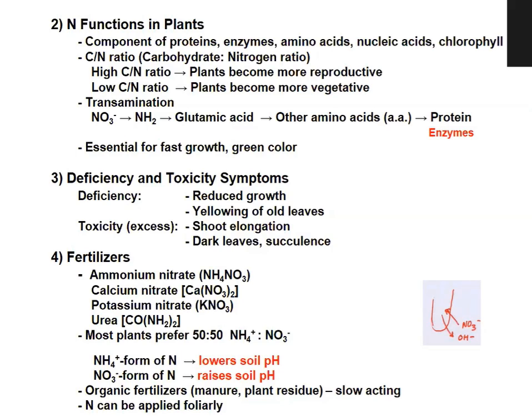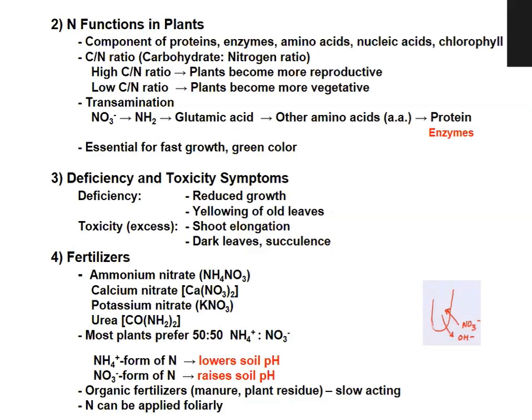For correcting the deficiency of nitrogen, we add certain fertilizers based on the type of soil. The recommended fertilizers are ammonium nitrate, calcium ammonium nitrate, potassium nitrate, and the widely used urea, which is in amide form.